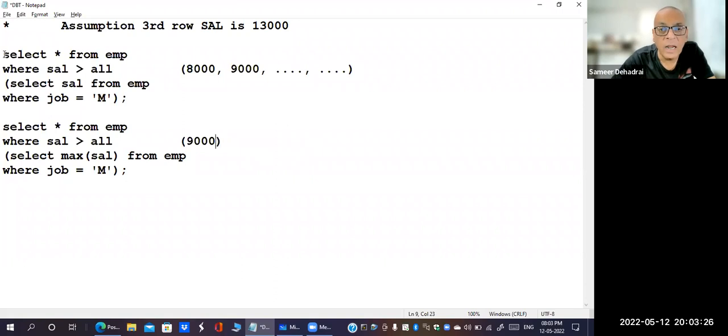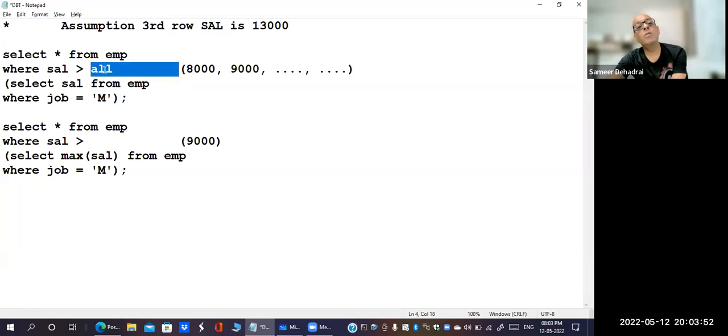In which case, in my main query, I can directly say where sal greater than max of sal. That would be the fastest way of doing it. But I wanted to introduce you to the ALL operator. Maybe in some other example where you need to perform logical AND, you can use the ALL operator. Okay?